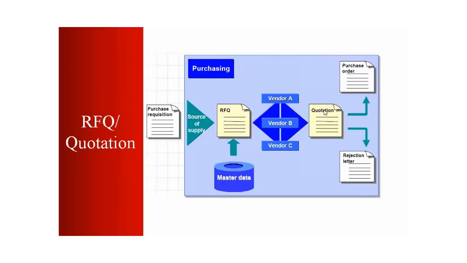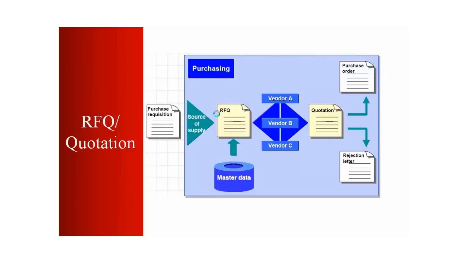For whatever I selected as the right one, I will create a purchase order in the system. For the others, which are not good for me, or maybe the price is higher, I will create a rejection letter and reject those offers. So that's the theory.